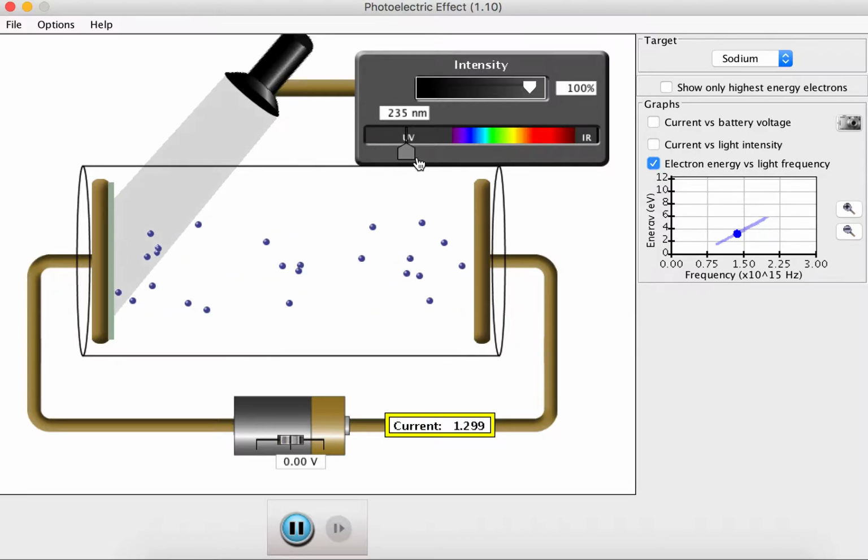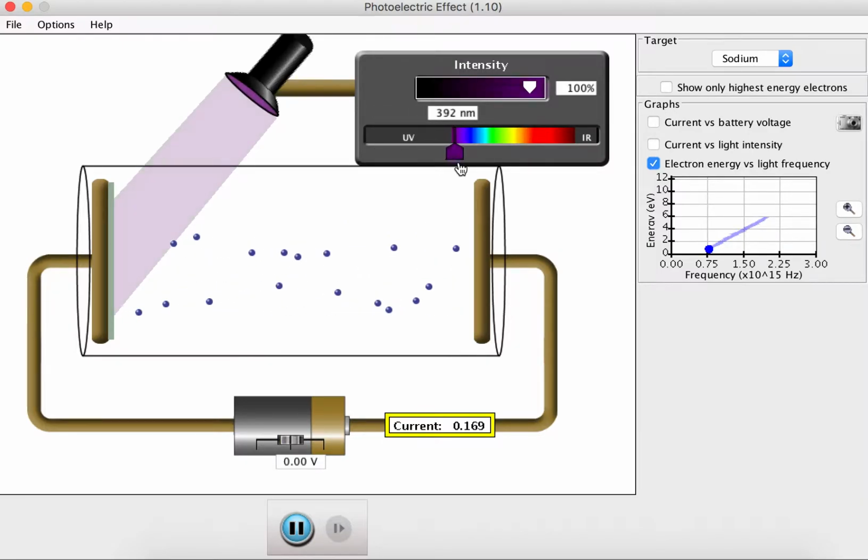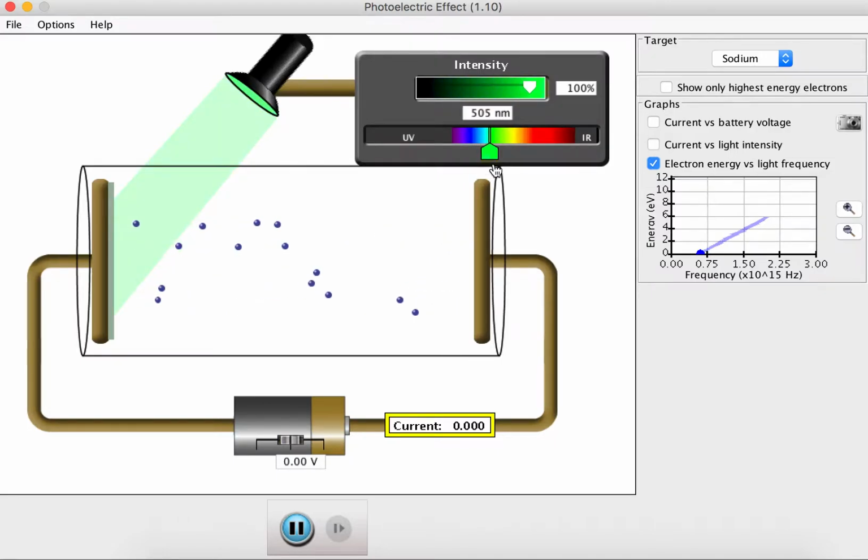And as we increase our wavelength, we can see right around where we observed previously, the electrons have 0 energy at this particular frequency of light.